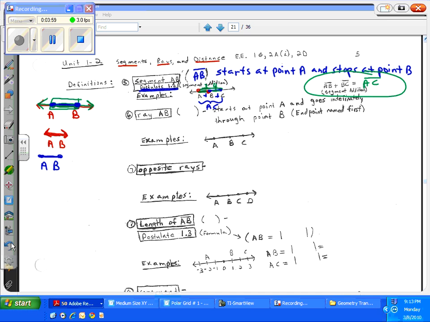Now, that's a postulate. That's the second postulate of geometry. Our first one was the fact that the intersection of two planes is a line. So postulate 2 of geometry is segment addition.